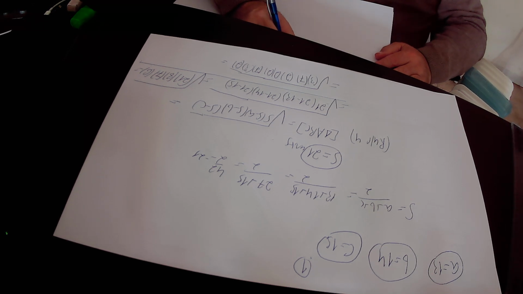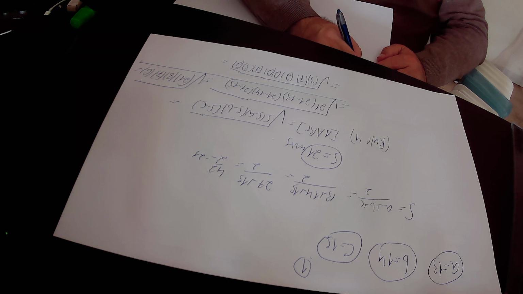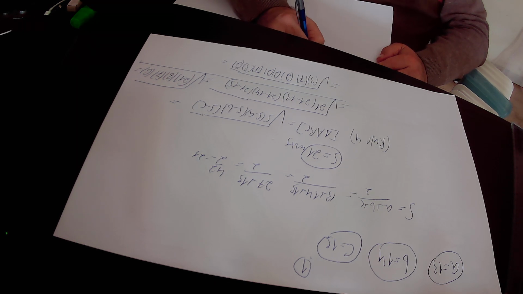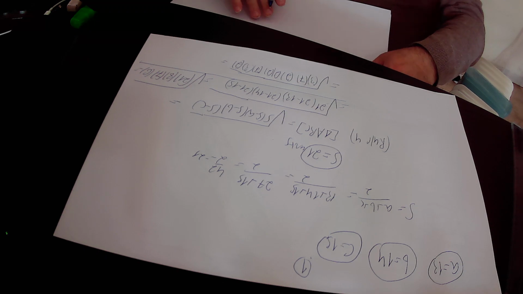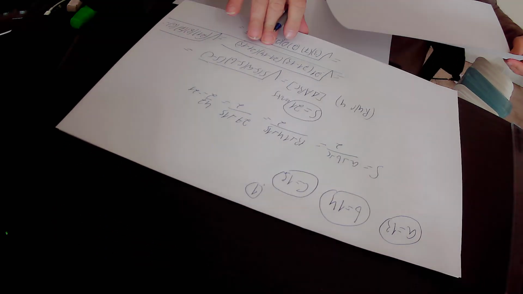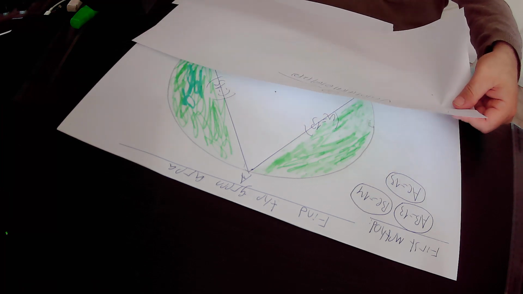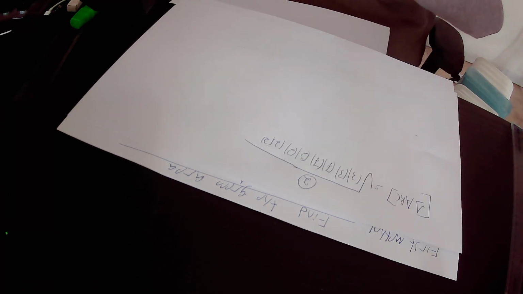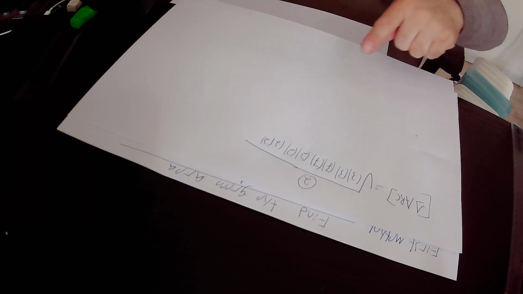And finally, we will get that the area of our triangle ABC, according to the new rule number 4, is equal to the square root of 3 times 3 times the square root of 7 times 7 times the square root of 2 times 2 times the square root of 2 times 2 again.